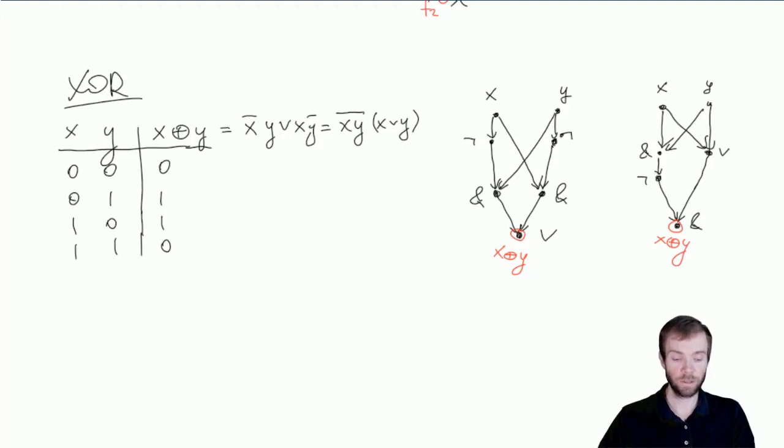But these circuits are clearly different because they have different number of operations, right? The left circuit has 5 gates and 2 input nodes. The other circuit has just 4 gates. So in some sense, we can say that this circuit is more efficient than the left one.